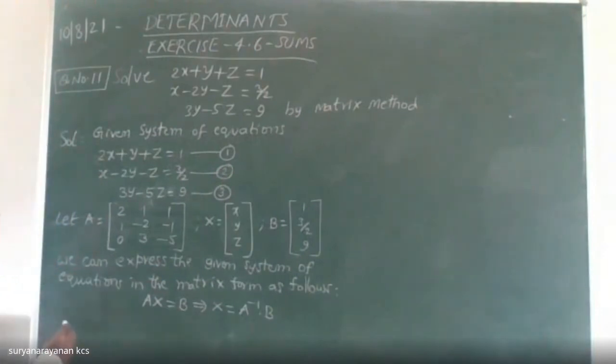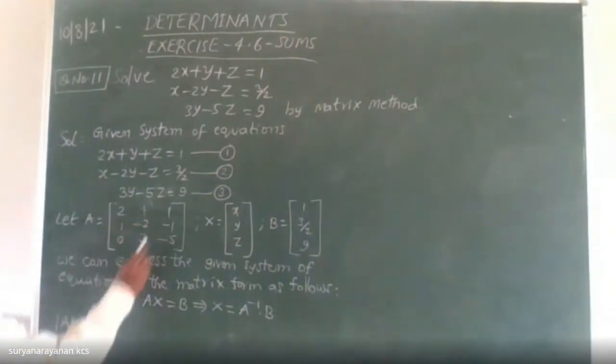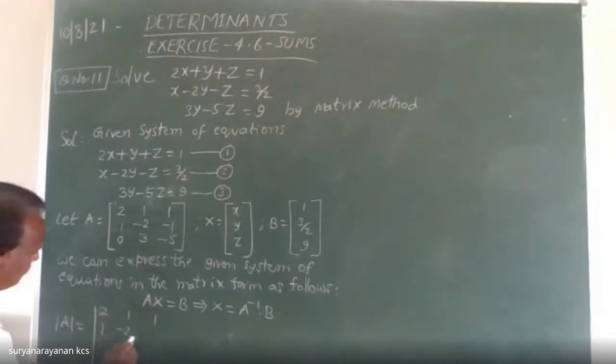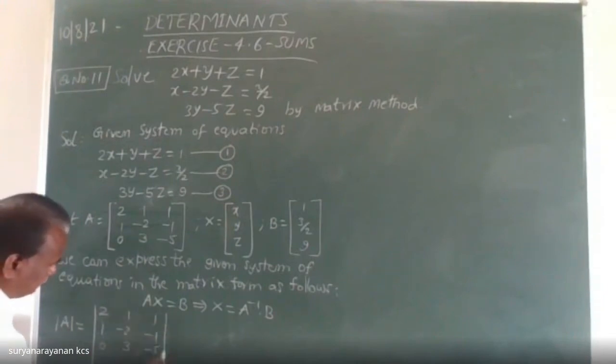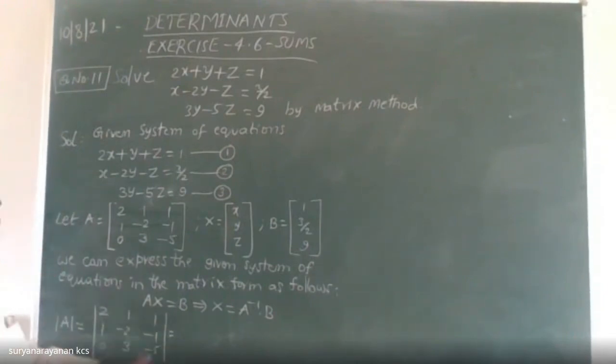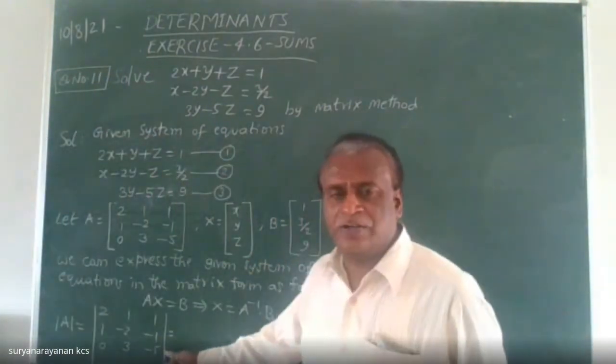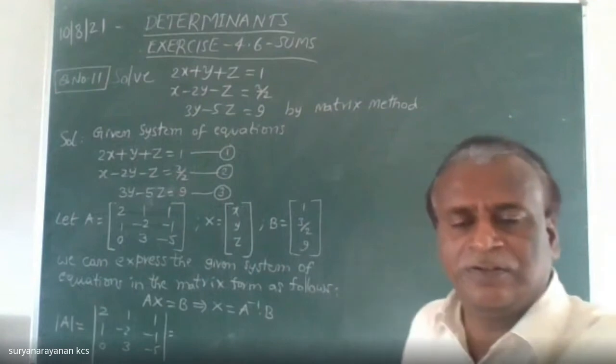So first we find det A. Det A: 2, 1, 1; 1, minus 2, minus 1; 0, 3, minus 5. Now it is a square matrix of order 3 by 3.